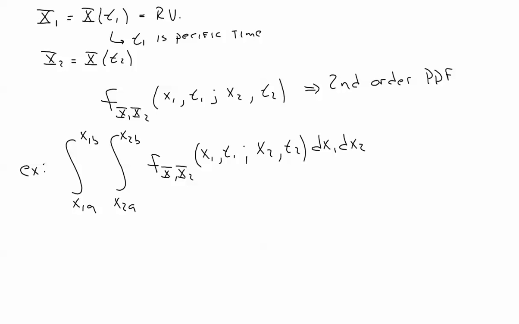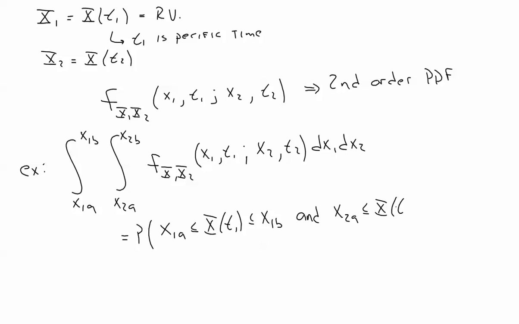I can perform a double integral over my second order probability density function, and what this tells me is the probability that, let me just write it down, then I'll discuss it. Alright?